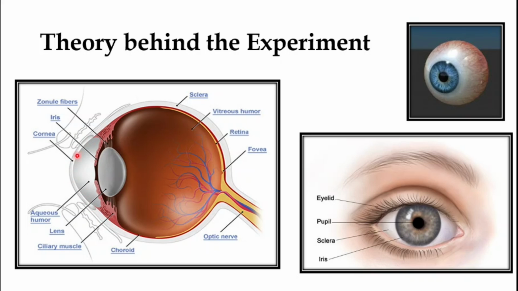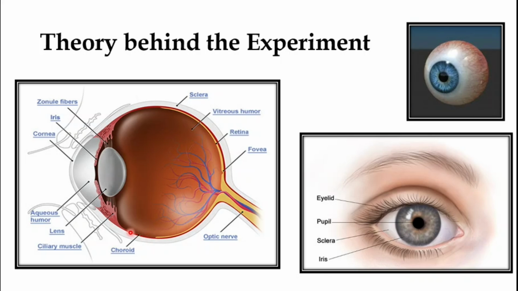The cornea is transparent, whereas the sclera is white in color, because the sclera is made up of a thick collagen layer. This bulging outer layer is the cornea, and this whole area is the sclera of the eye.